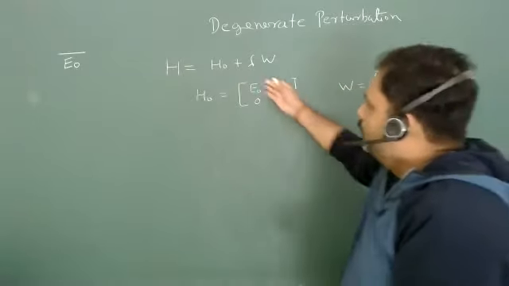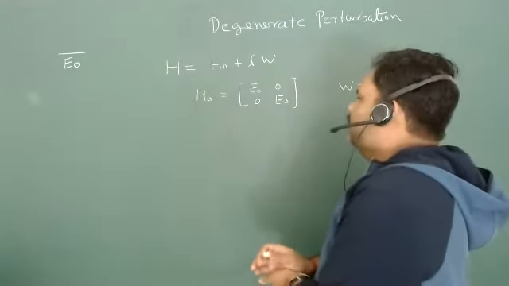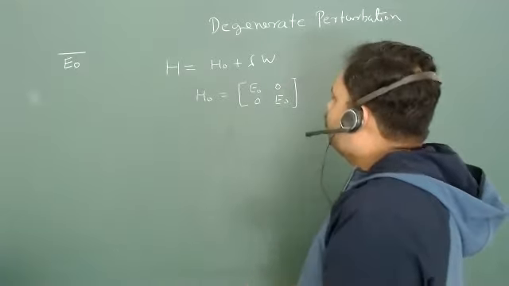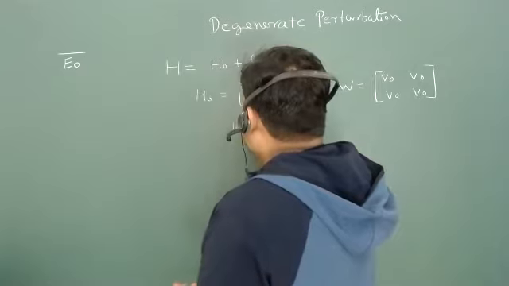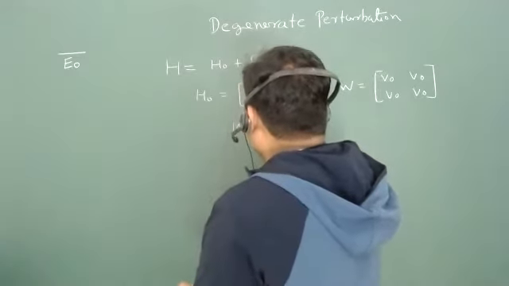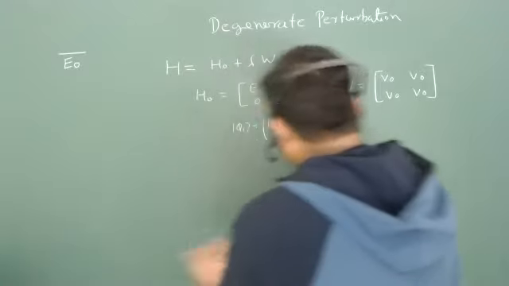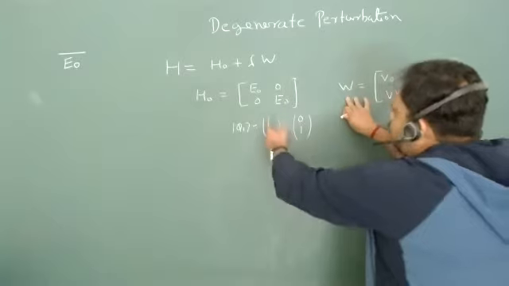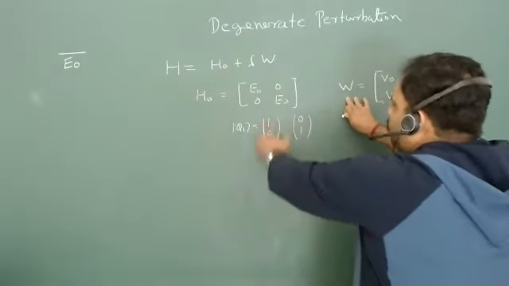Now, we can see this H naught is actually diagonalized, so there is not any problem. Since H naught is diagonalized, I have eigenvectors, which are basically 1 0 and 0 1. If I write W in a basis of 1 0 and 0 1, obviously it will be a unit matrix.